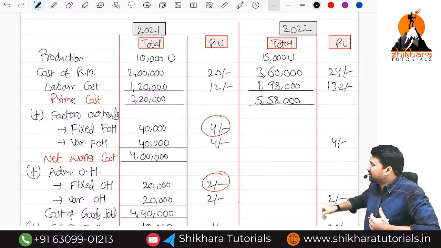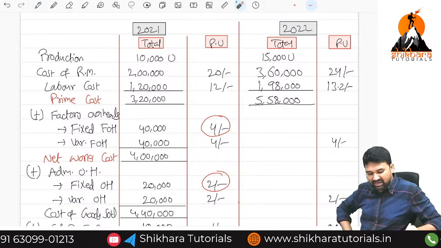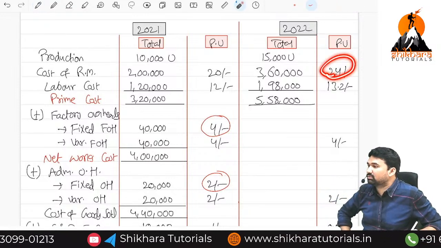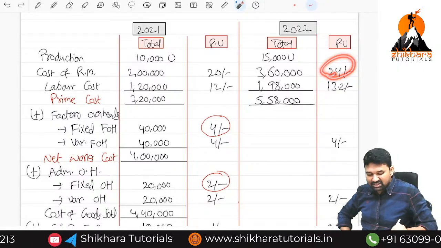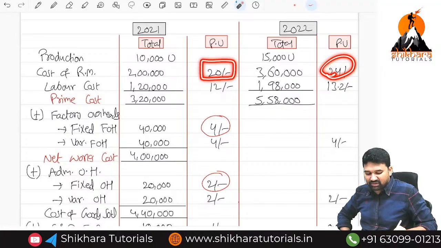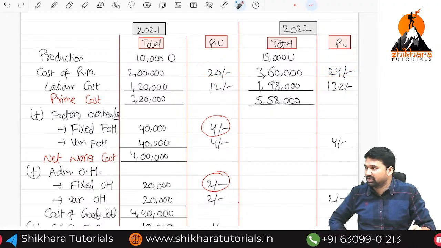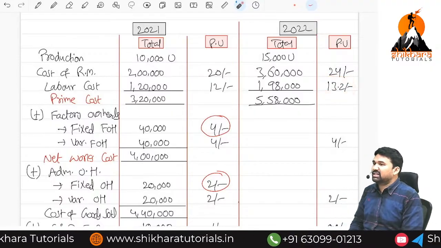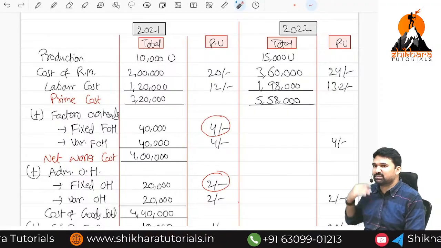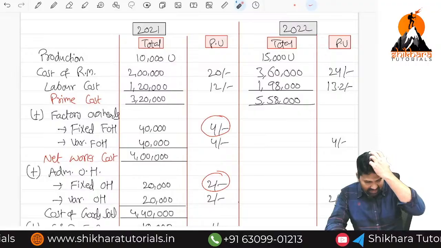How have we arrived at these two steps? Did you get the clarity? Why is it 24? Tell me. Because in the problem he mentioned that the raw material cost has to be increased by 20%. That is 24. Why is it 13.2? In the problem he mentioned an increase of 10%. That is why it is 13.2. And next one, total 5,58,000.